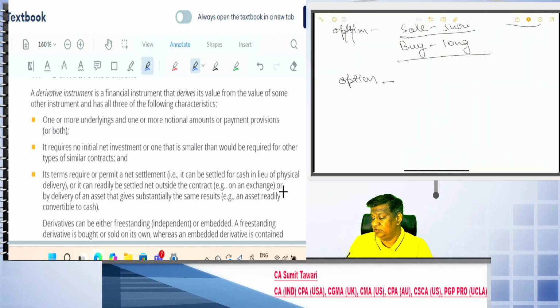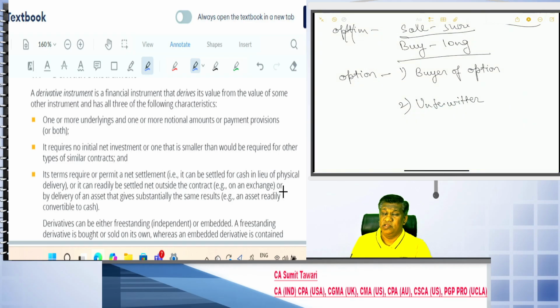In an option, there are two parties. One is the buyer of the option, and the second is the underwriter.